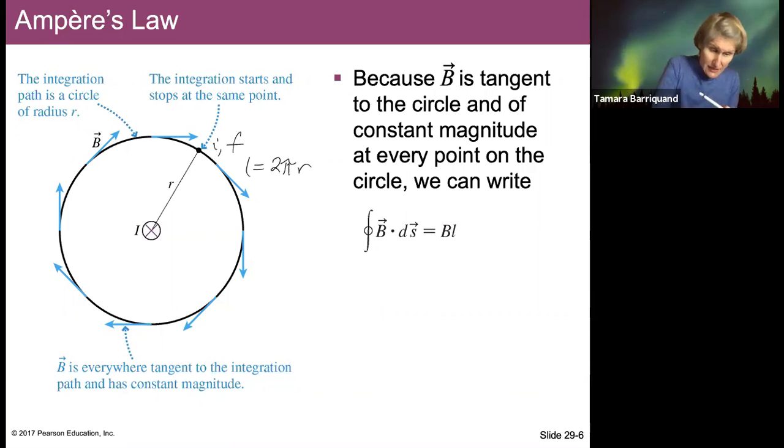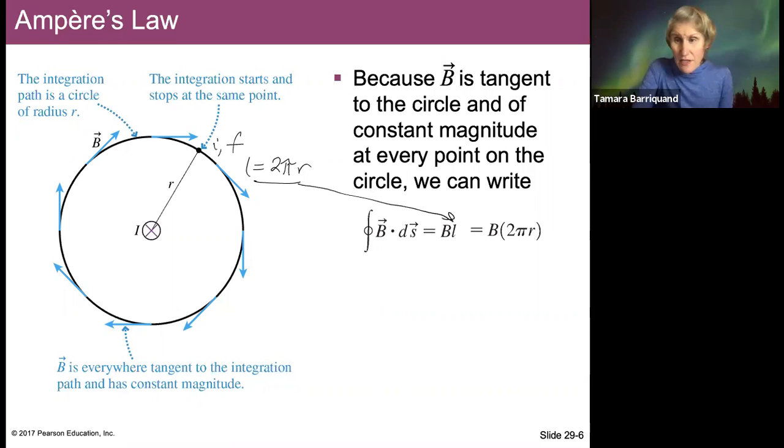So if I put L equals 2 pi r in right here, the closed integral is going to be B times 2 pi r.